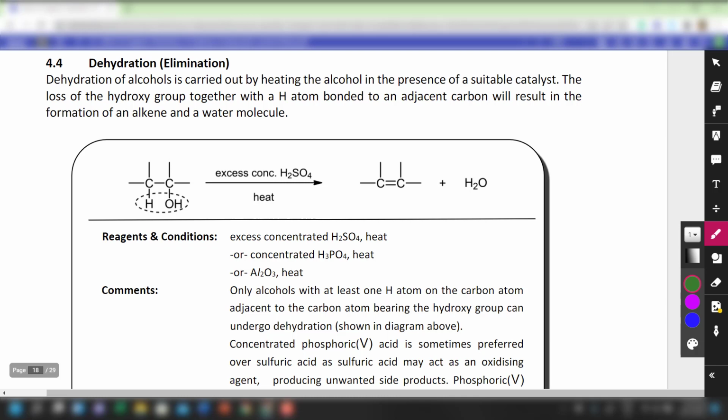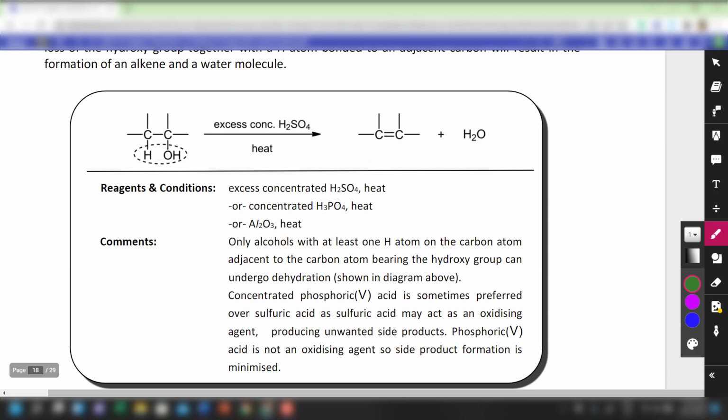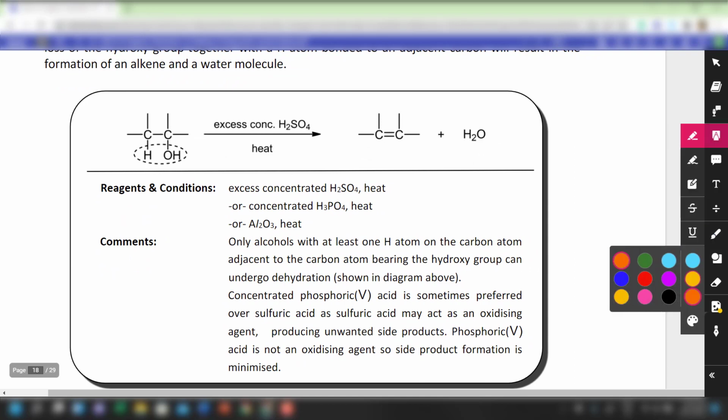Yeah, please remember the different conditions or different sets of reagents and conditions. If you decide to use concentrated sulfuric acid, please ensure you have excess concentrated sulfuric acid. You need to heat. You need to drive the water out. Yeah. Another way is to use H3PO4. Okay. Of course, one of the other conditions, we call it the dry condition, is to use aluminum oxide and heat it.